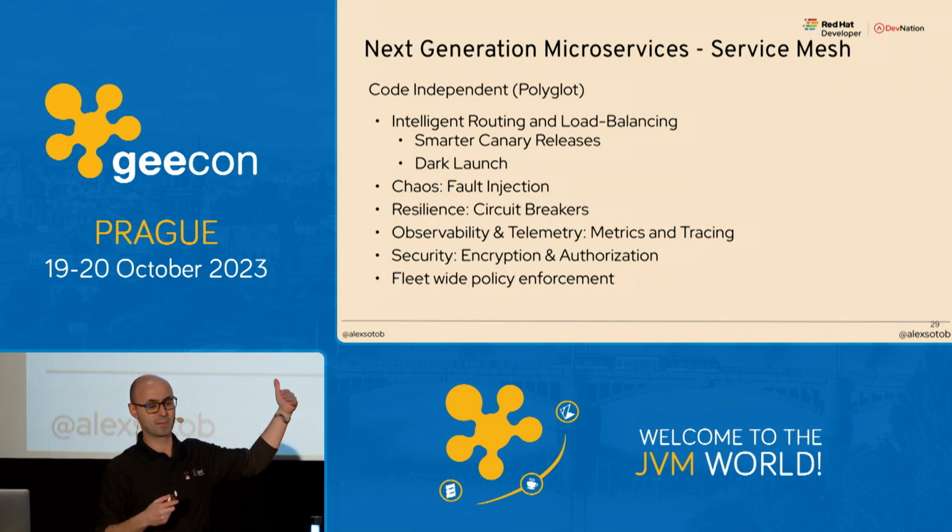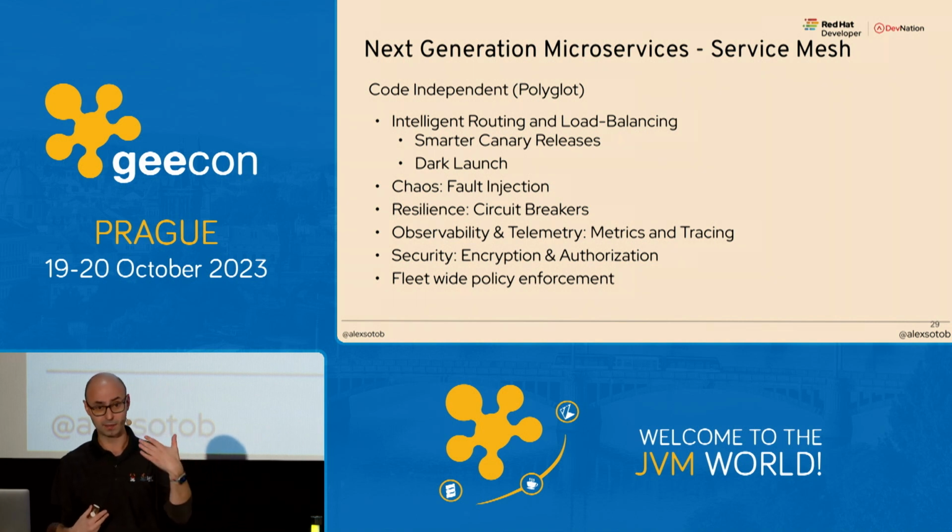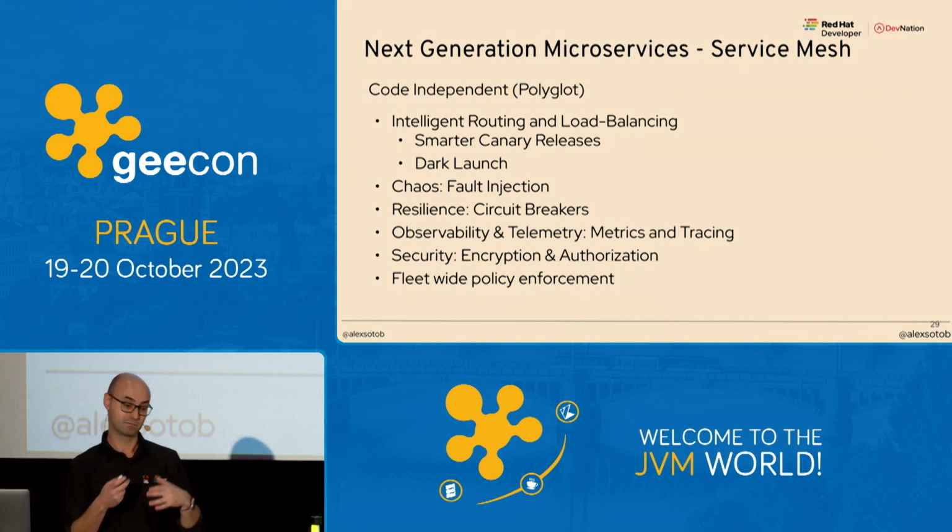And of course, it implements a lot more things, like, for example, observability. We've been talking all the time about monitoring and so on. With Istio, you've got all the observability and telemetry done for you. And I know that this is not the topic of this talk.